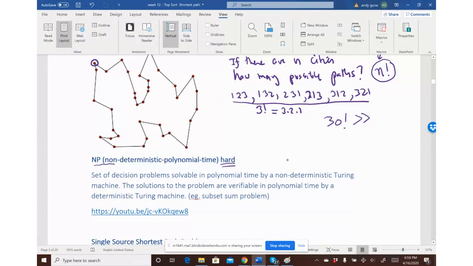These are the set of decision problems that are solvable in polynomial time. When we say polynomial time, we think about n squared or n cubed or any kind of polynomial. We know anything beyond n squared is too slow, but still we say it's polynomial time.